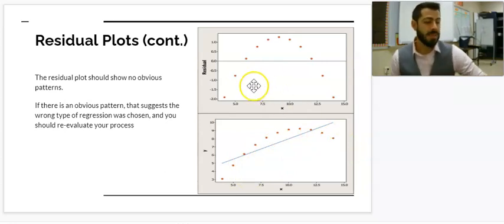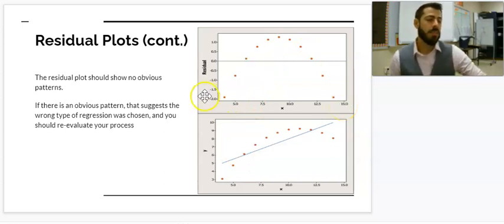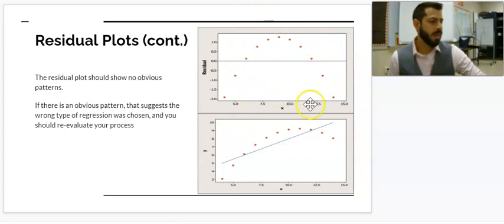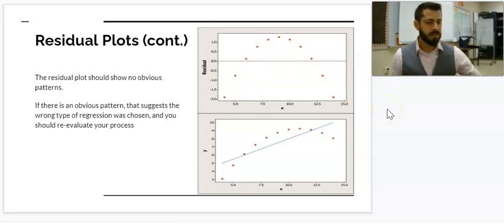So if you have a pattern on the residual plot of any kind, maybe a U-shape or the other direction U-shape, or maybe it waves up and down sinusoidally, like a sine function or a wave function, then that tells you that you're graphing a line to represent something that shouldn't be graphed with a line.